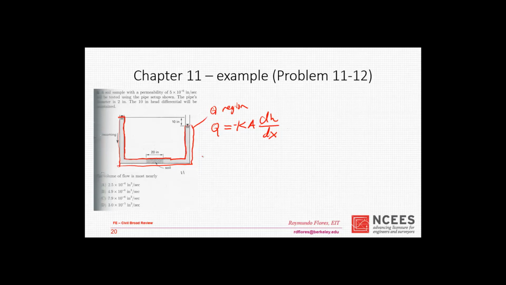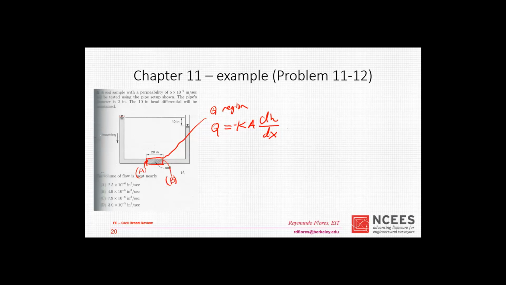So if we assume it's the same everywhere, the same discharge, because we're talking about the soil itself, this should be Q, our Q region. Because that's the soil, we're going to call this A and we're going to call this B.